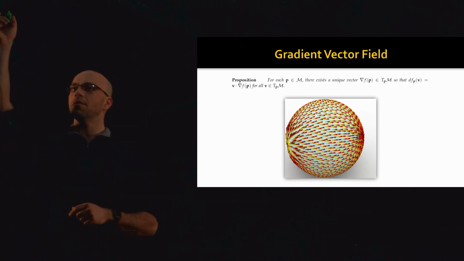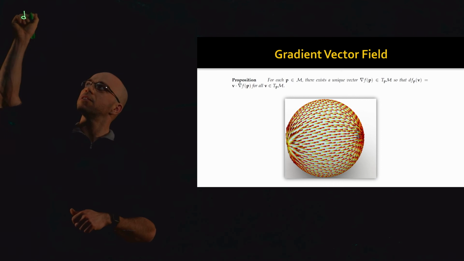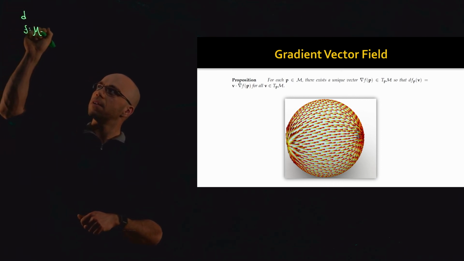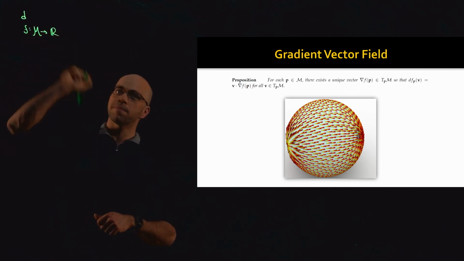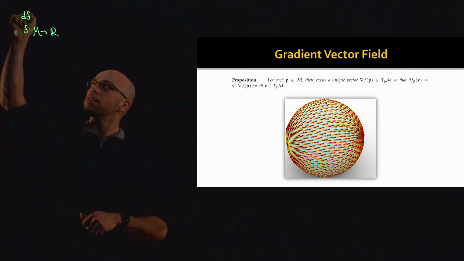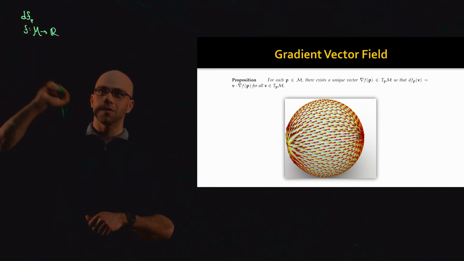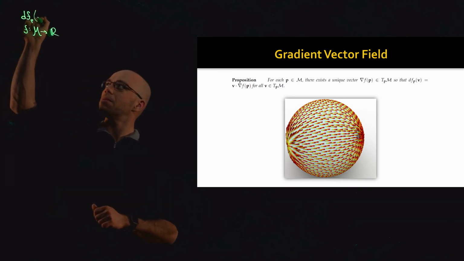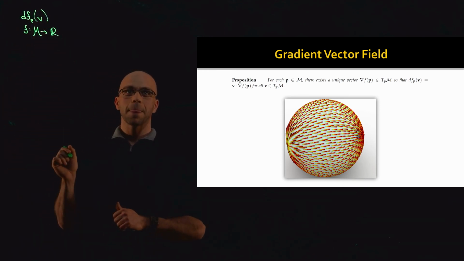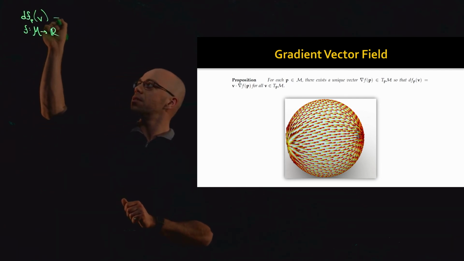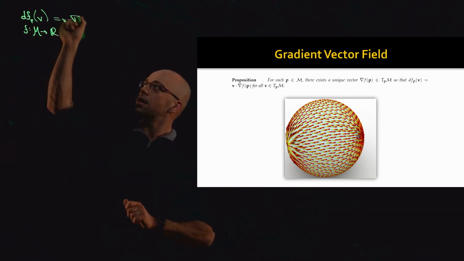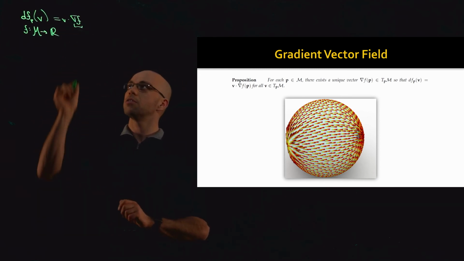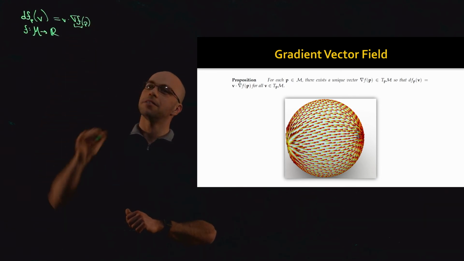So basically, the thing that we're going to want to derive is that if I have a function f which goes from our manifold into the real numbers, and I look at the differential of f evaluated at a point P, and I give it a vector v as input, remember, that's how we define the differential, then secretly, this is equal to the dot product between v and the gradient of f, where this is some vector which is associated to a point P, but not to v.